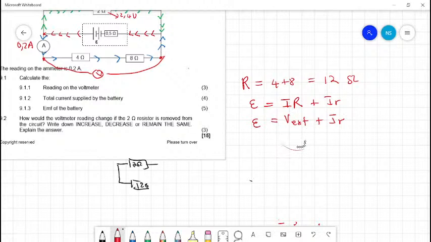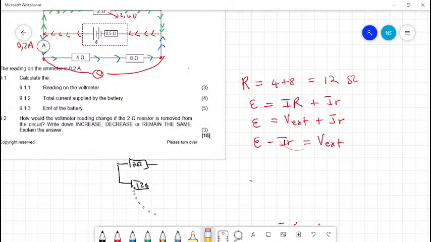So they're asking about the voltmeter reading, which is the V external, so you need to make V external the subject of the formula: V external equals E minus I r. You're going to analyze it using this. They say you choose from increase, decrease, or remain the same.